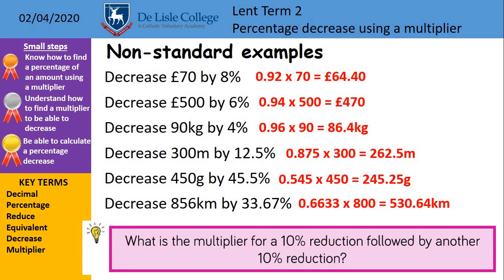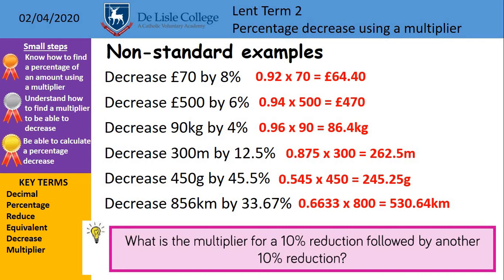There's a bit of a challenge question then. What is the multiplier for a 10% reduction followed by another 10% reduction? Well, for a 10% reduction, we're starting with 100%, subtracting off 10%, so this will be finding 90% of the original amount.